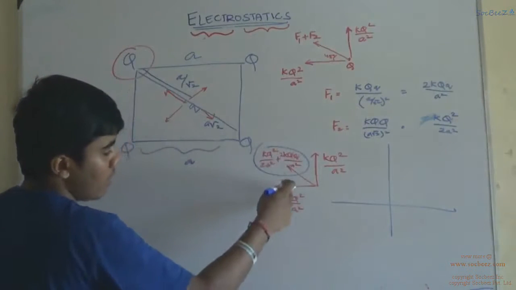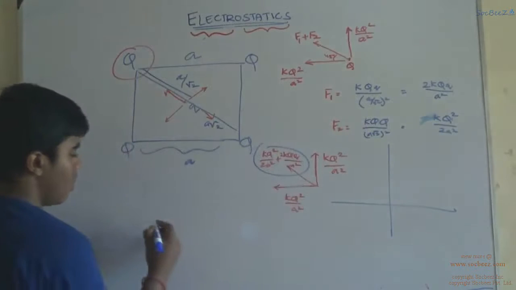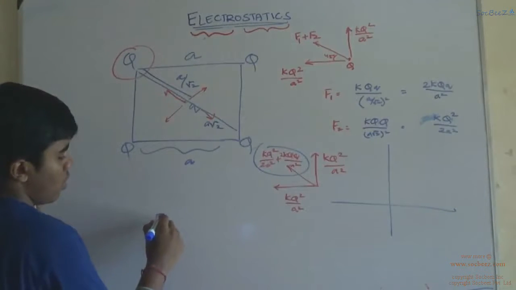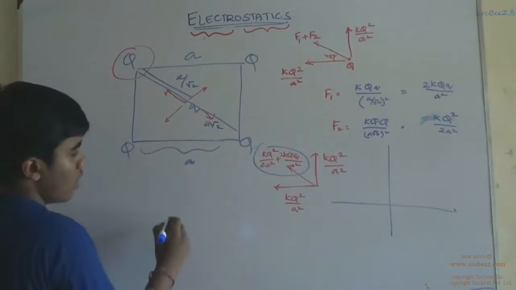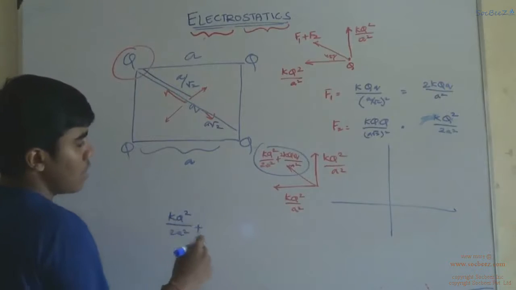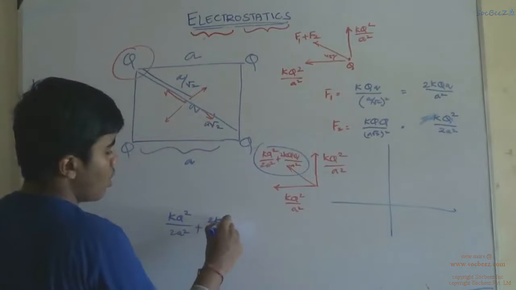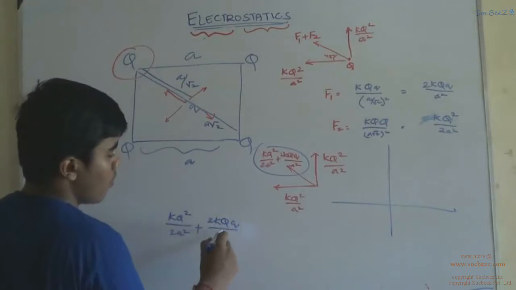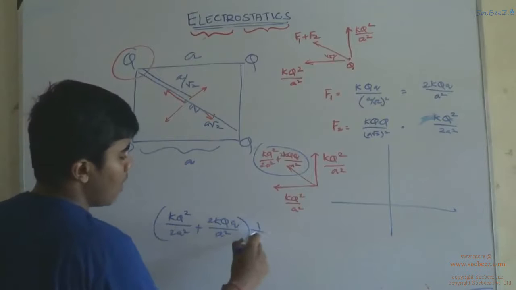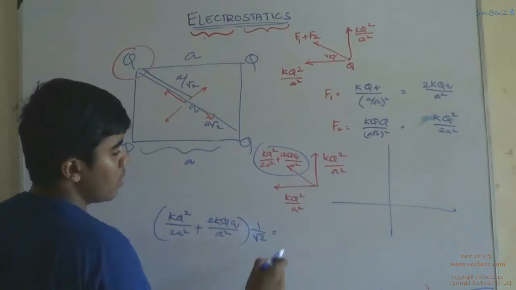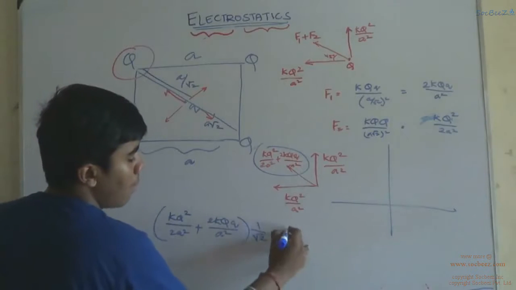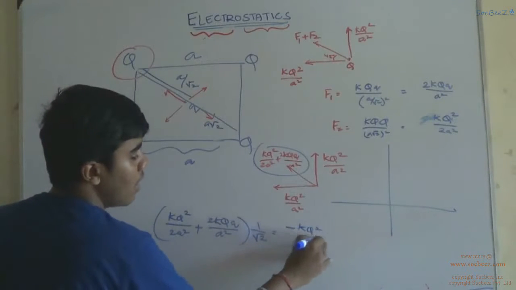This force component on this particular horizontal axis will be KQ square by 2A square plus 2KQq by A square times 1 by root 2 will be equal to minus KQ square by A square.